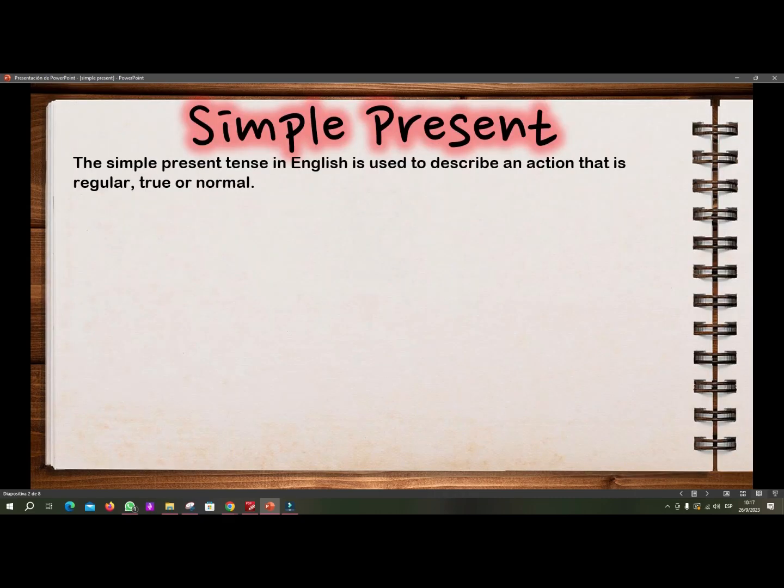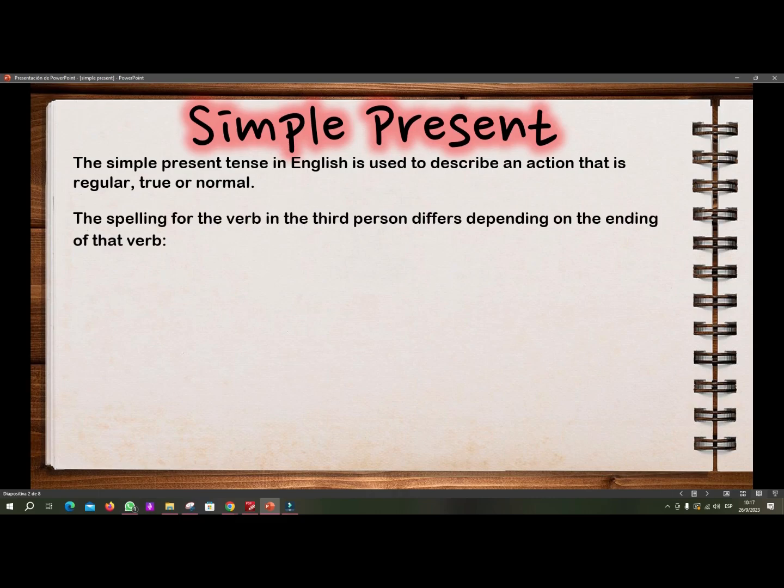So, the simple present tense in English is used to describe an action that is regular, true, or normal. The spelling for the verb in the third person differs depending on the ending of that verb. Entonces, ¿para qué vamos a utilizar el presente simple?